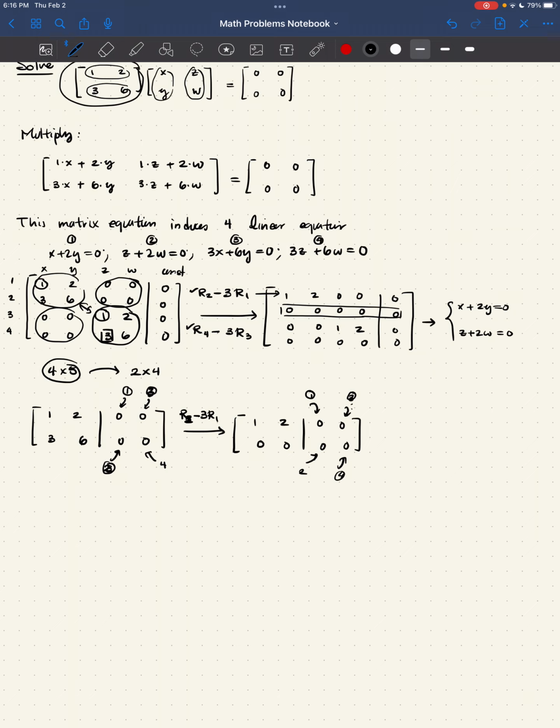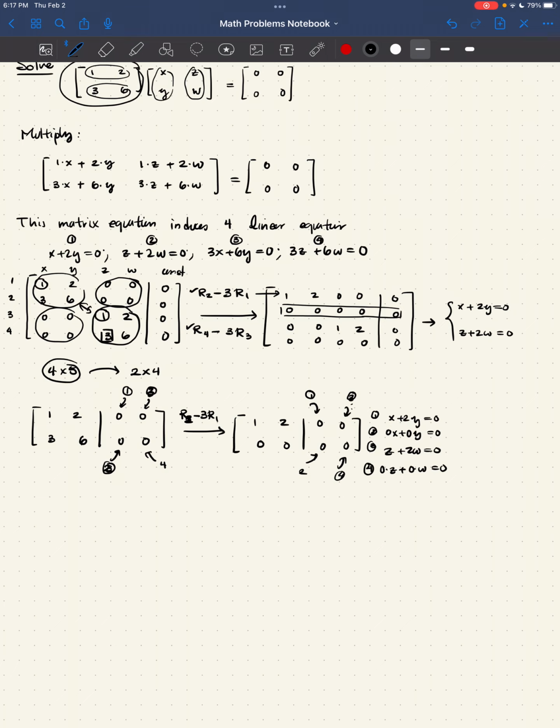In other words, we read it: x plus 2y is equal to 0, 0 times x plus 0 times y is equal to 0, z plus 2w is equal to 0. And finally, equation 4, we have 0 times z plus 0 times w is 0.